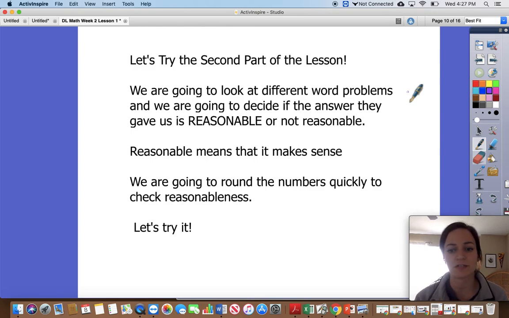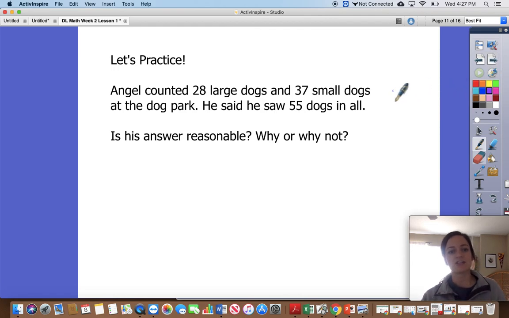That's what we're going to be doing in these next problems. We're going to be rounding, and we're going to see if the answer that they give us is reasonable or close to what the actual answer is. All right, so let's go ahead and try it. Angel counted 28 large dogs and 37 small dogs at the dog park. He said he saw 55 dogs in all. Is his answer reasonable?